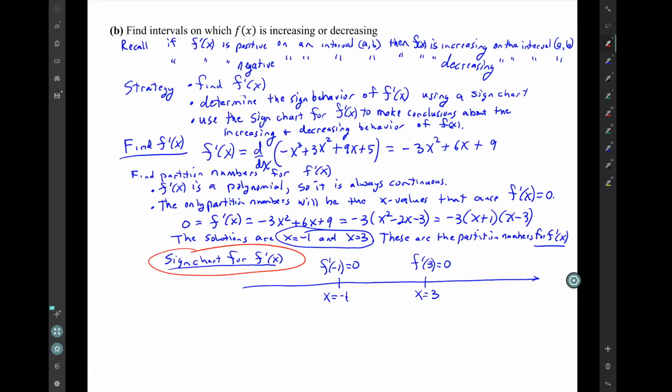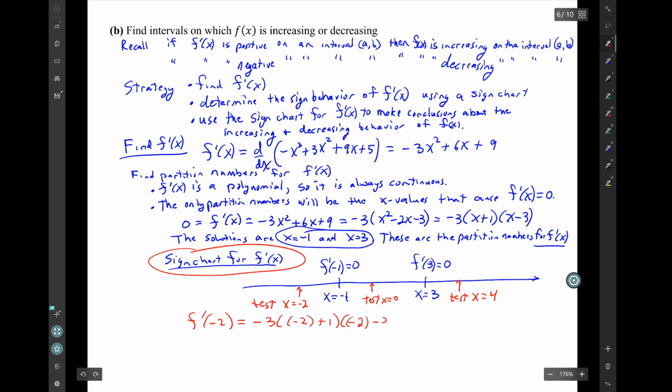Now we need test numbers. And we determine the sign of f prime at those test numbers. Now for that, we'll use the factored form of f prime. We see that f prime parentheses negative 2 is negative. We don't care about the value, just the sign.